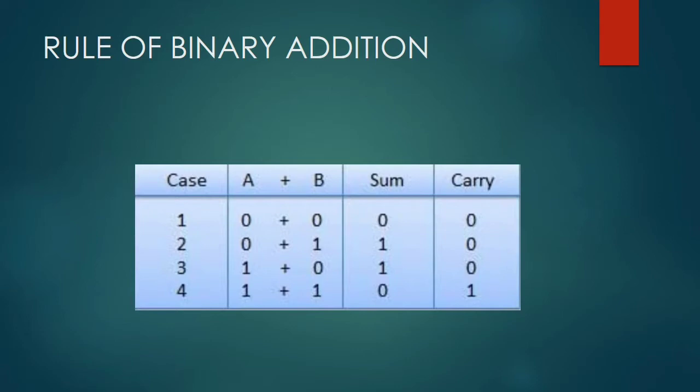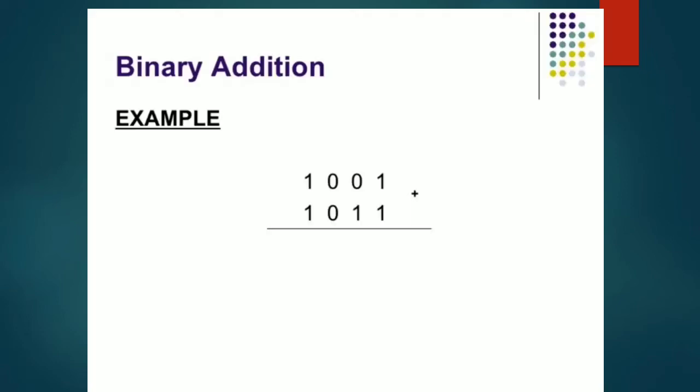Let's start with one example of binary addition. The example is 1001 and 1011. Binary addition is simple, just like decimal addition.